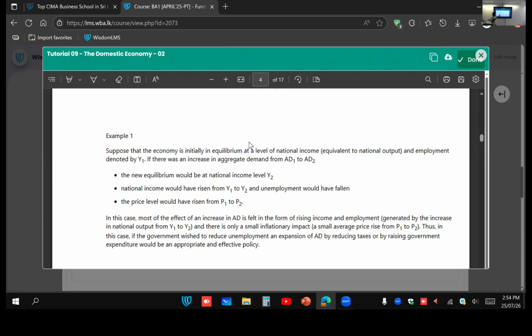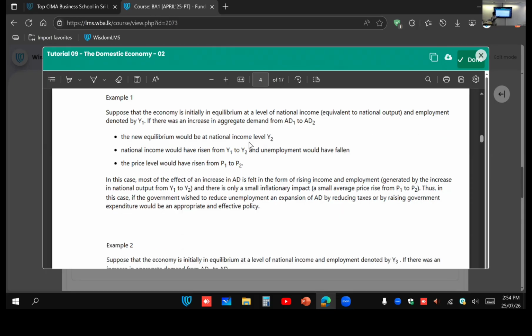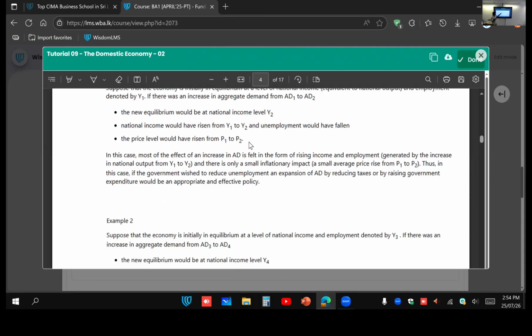The price level would have risen from P1 to P2. In this case, most of the effect of the increase in aggregate demand is felt in the form of rising income, and employment generated by the increased national output from Y1 to Y2. So when this happens, output increases, unemployment reduces.